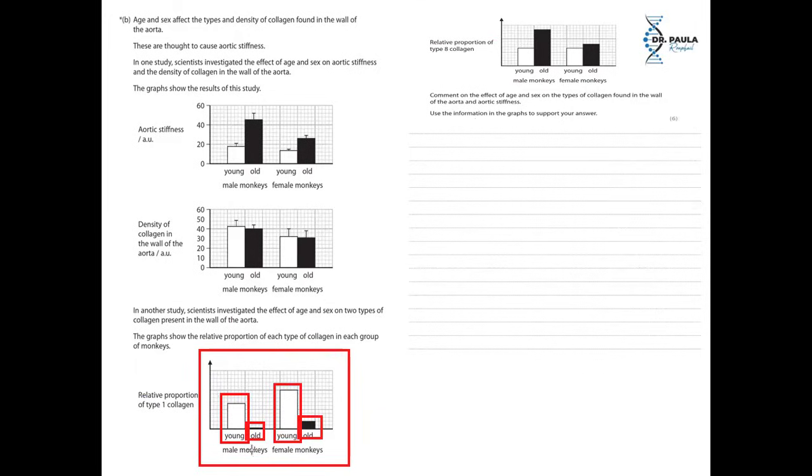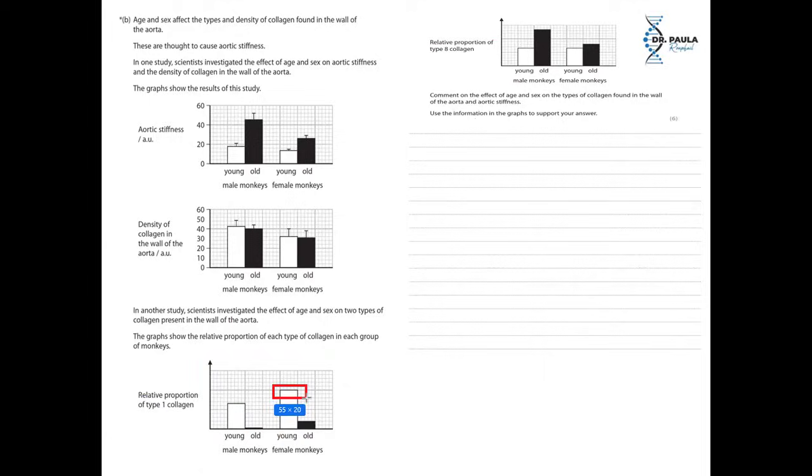And if you compare male and female, you can see that in female it's much higher than the male. So the gender or sex affects type 1 collagen. Yes, you can say that females have a higher relative proportion of type 1 collagen in their walls.